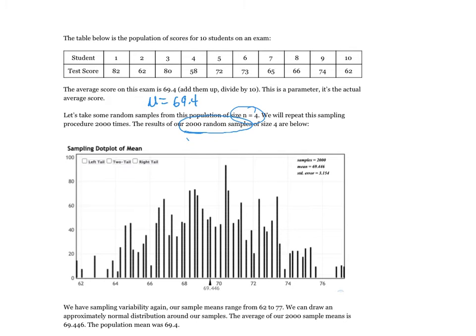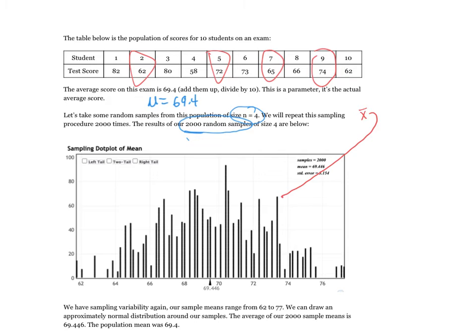Okay, so what happened was, let's say I picked 9, 7, 5, and 2 randomly. I'd average those 4 numbers out, and then that would give me an x bar, and then I would graph that somewhere on this graph. Okay, and then I just kept repeating that process 2,000 times.